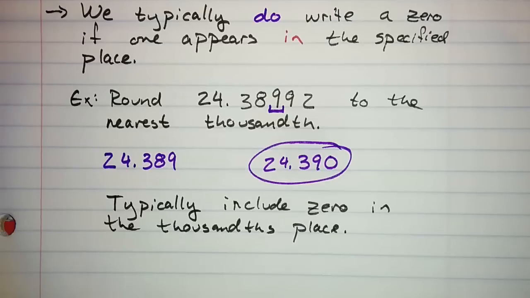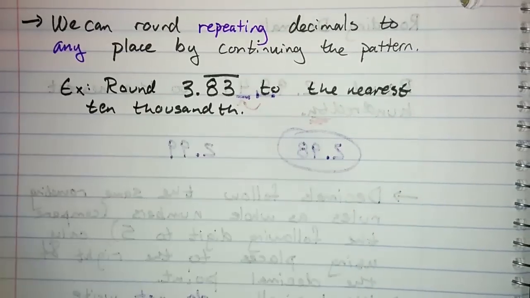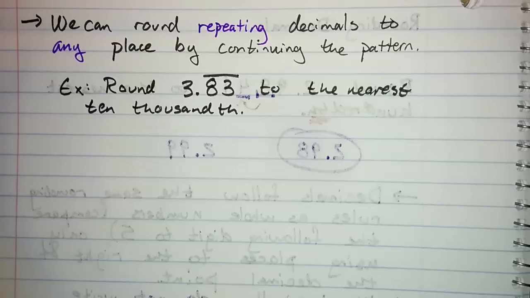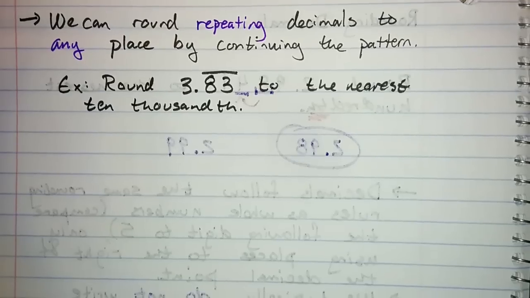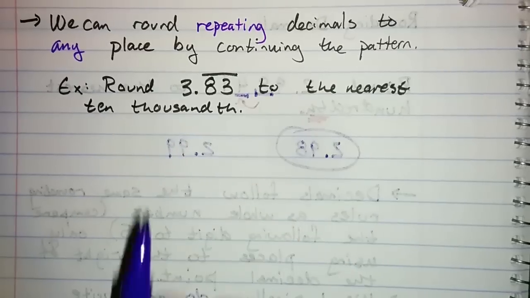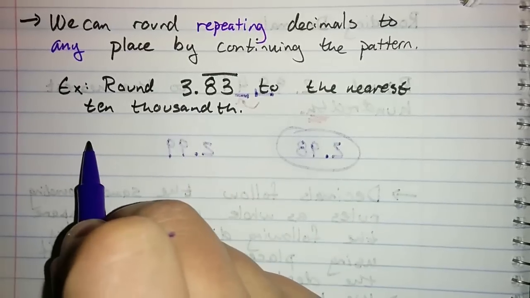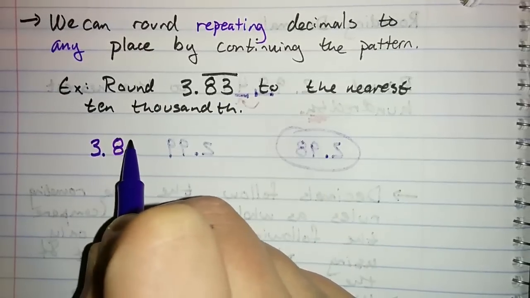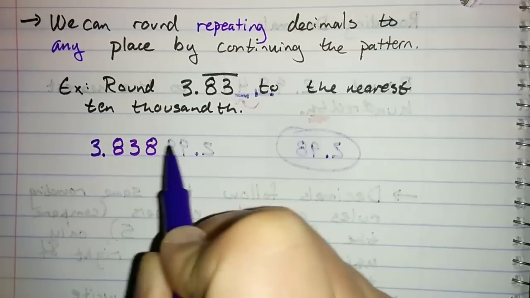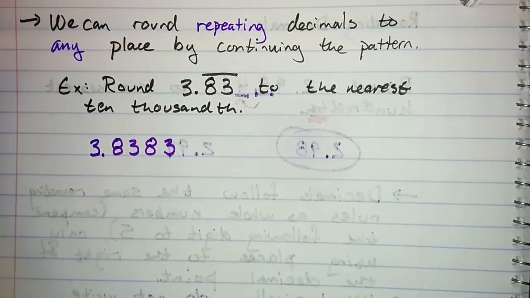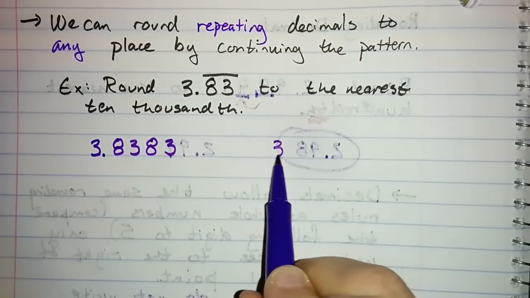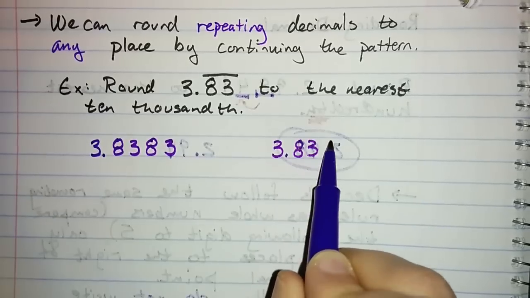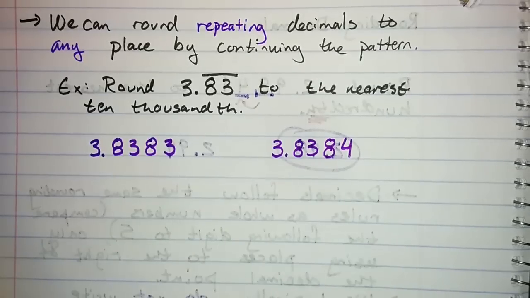We can also round repeating decimals by continuing the pattern. So for example, suppose I wanted to round 3.83 repeating to the nearest ten thousandths. Well, this number is between 3.8383, counting tenths, hundredths, thousandths, ten thousandths, and 3.8384.